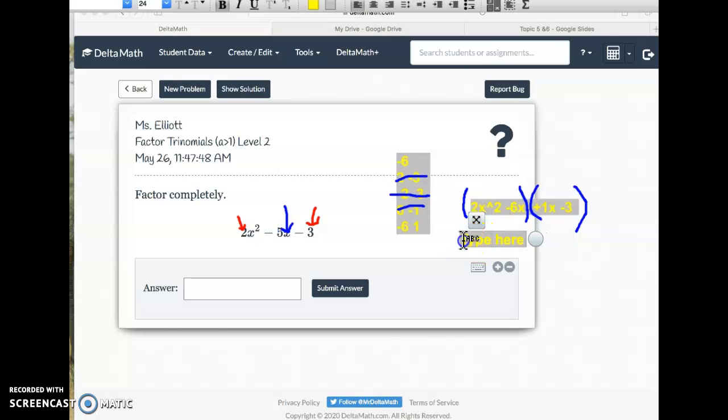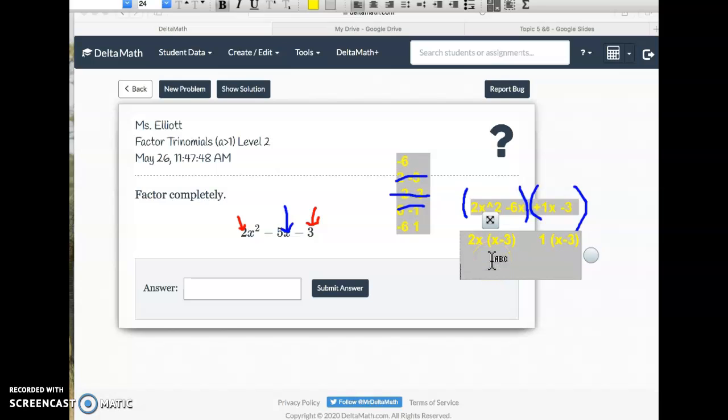On this side, they have a 2 and an x in common. What's left inside is still an x because it was x squared, and then 2 times negative 3 gives me 6. Over here, they just have a 1 in common, and then negative 3.